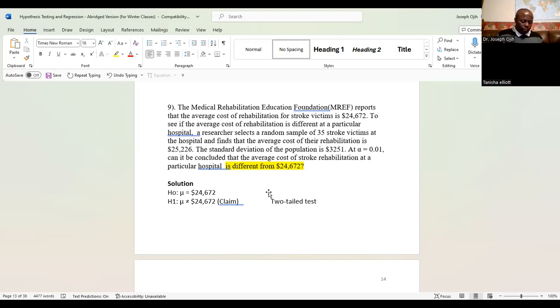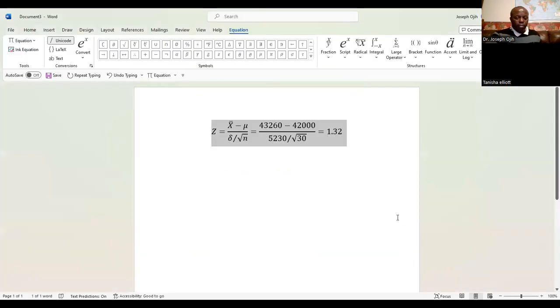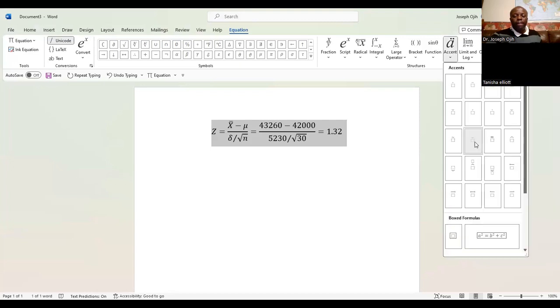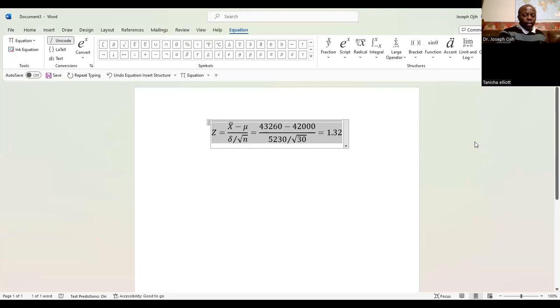N is 35. Then this other one is the sample mean. Let's go to where it will allow us to put it. Sample mean is going to be here. X bar.